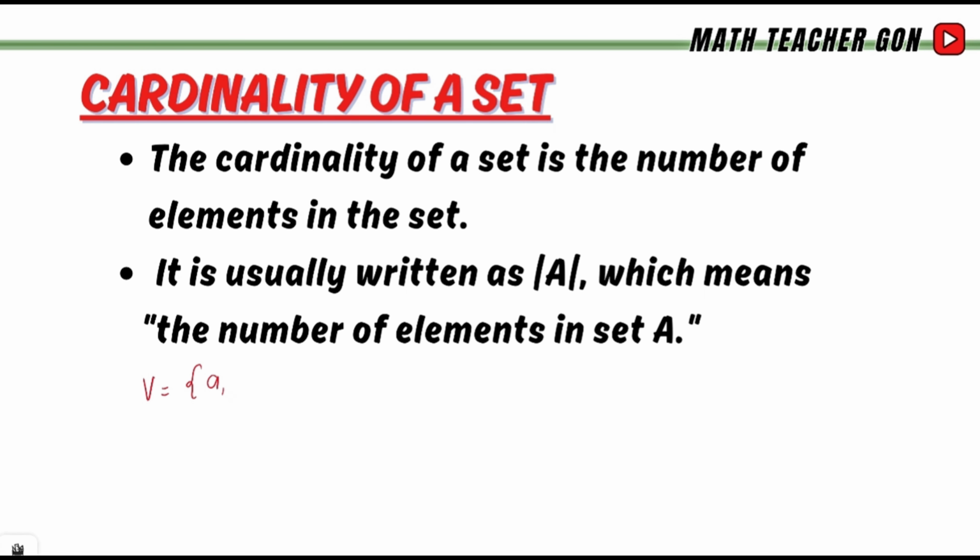We have A, E, I, O, and U. So for the cardinality of it, it says there the number of elements. So we have here 1, 2, 3, 4, 5, meaning the cardinality of set V is 5. Okay, again, cardinality is the number of elements inside a set.